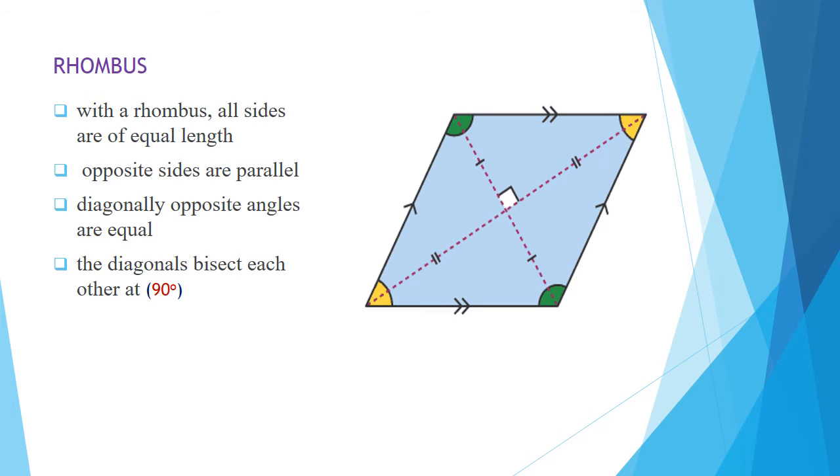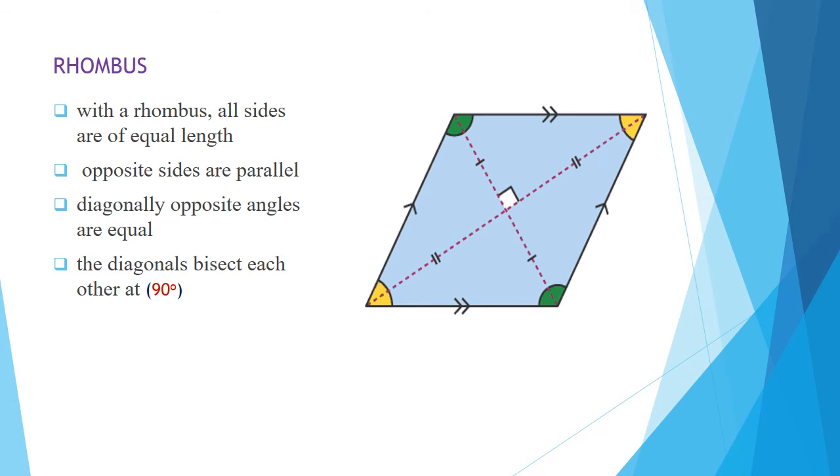Now take note of the angles. This is one unique difference between a rhombus and a square. It's one of the ways you can tell a rhombus from a square. A rhombus is such that diagonally the opposite angles are equal. In other words, the four angles that form this quadrilateral are not all the same.